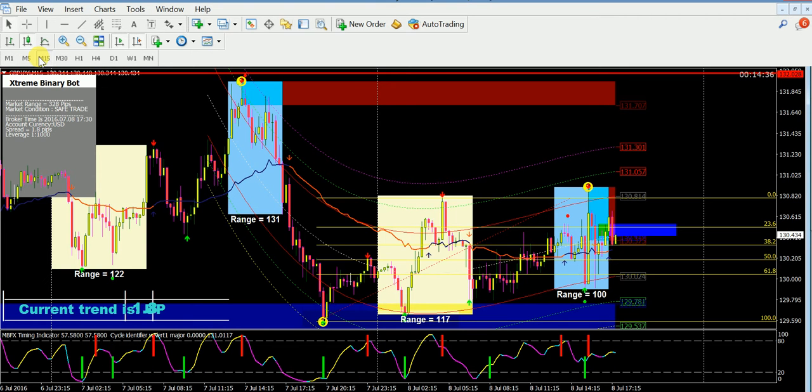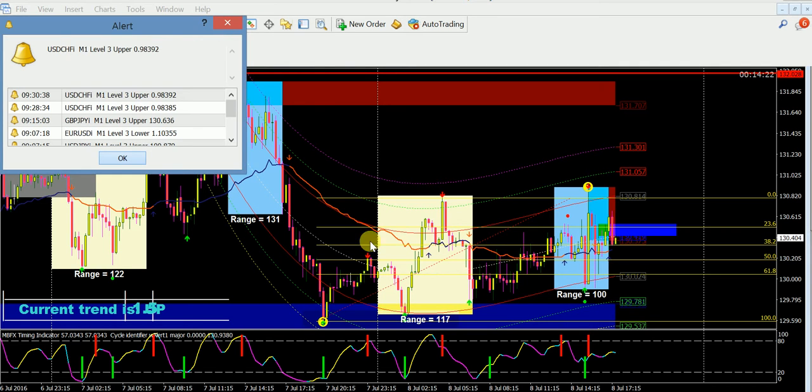The only reason I haven't entered the trade yet is because I'm waiting to see what kind of pattern setup we get out here. This next candle right here is going to be the confirmation candle.